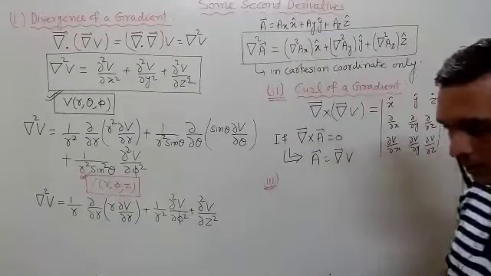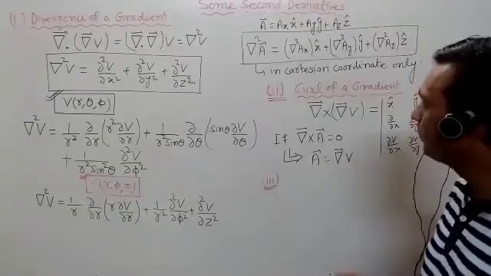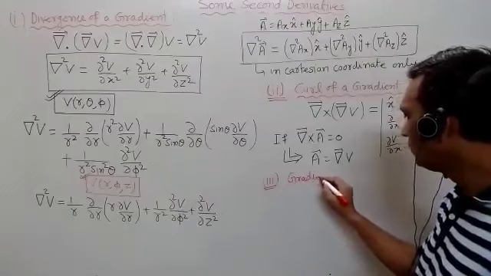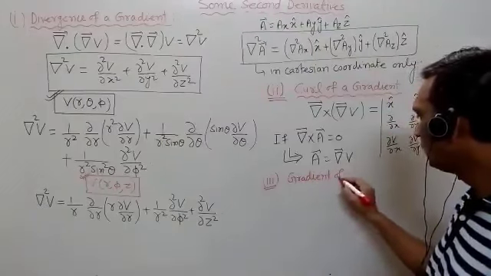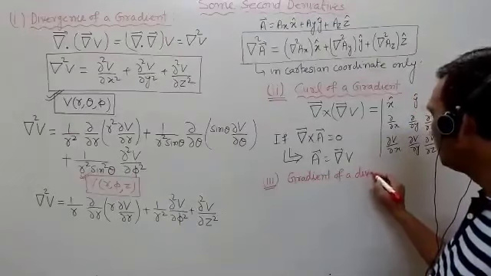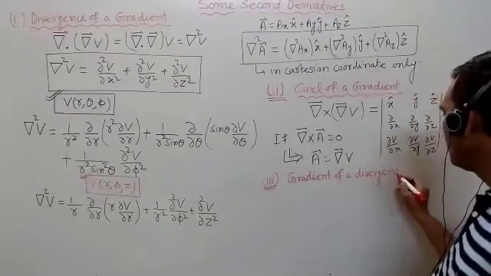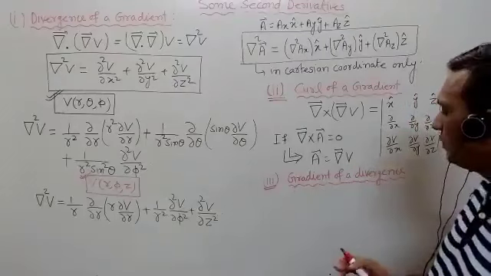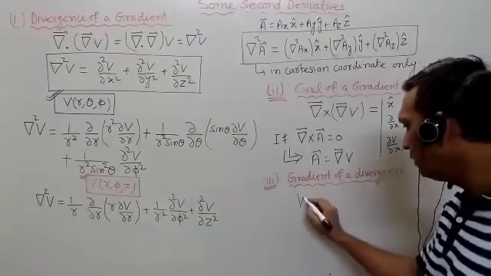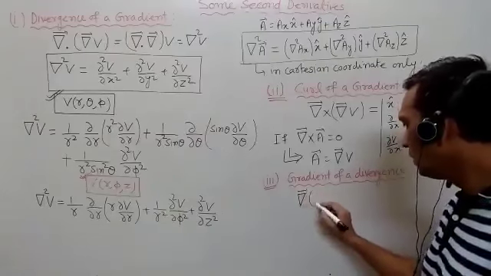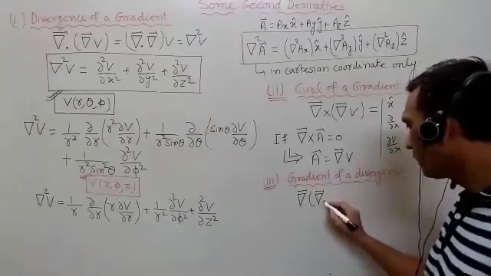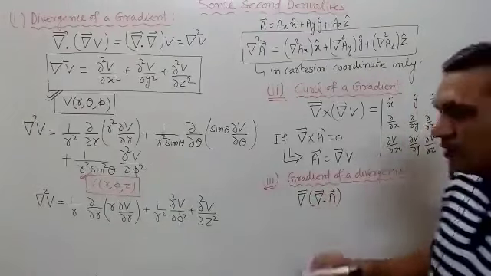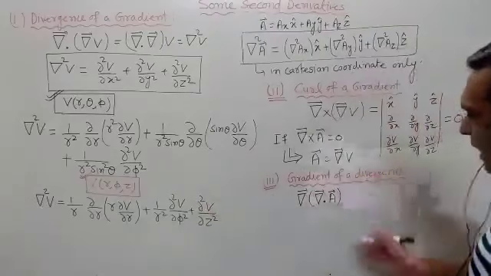Now third is, you can also find the gradient of a divergence. So that is given by... divergence of A is a scalar value and then you can take the gradient.